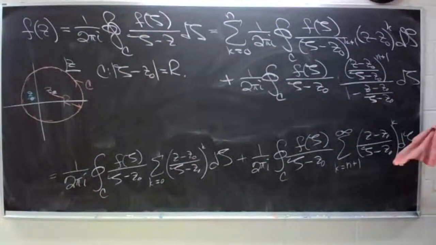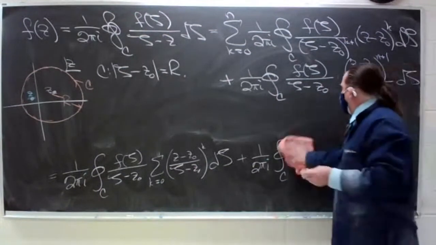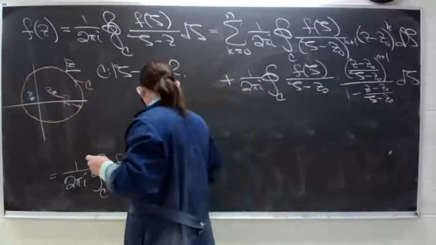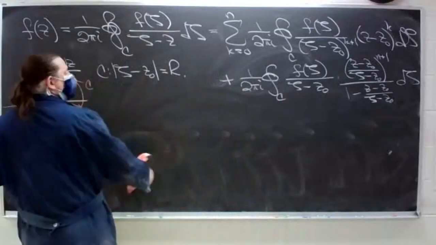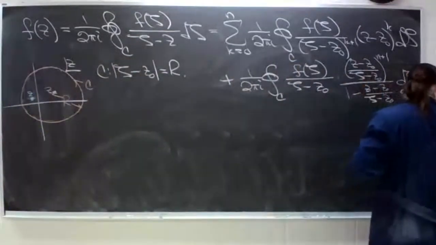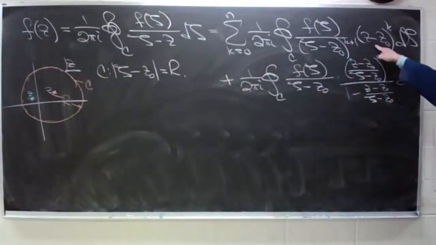All right? So cleaning all of this up, we recognize z minus z naught to the k is independent of zeta.